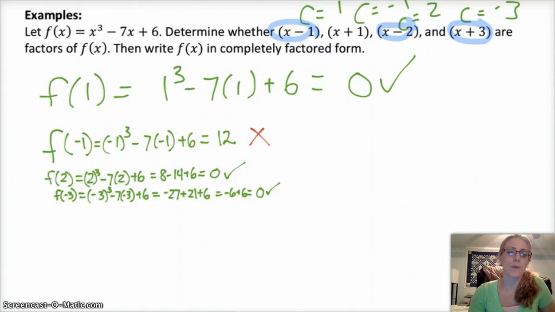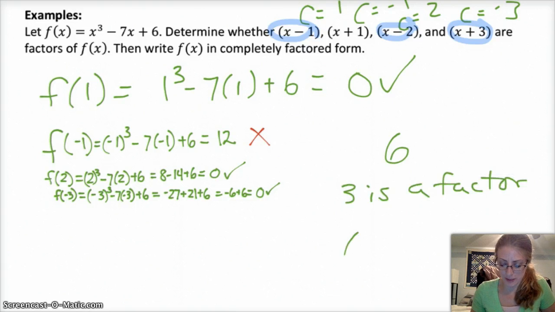And so what I mean by writing it out in completely factored form is that, let's look at a simpler problem for a second. If I take the number 6 and I say, oh, I know 3 is a factor of 6.